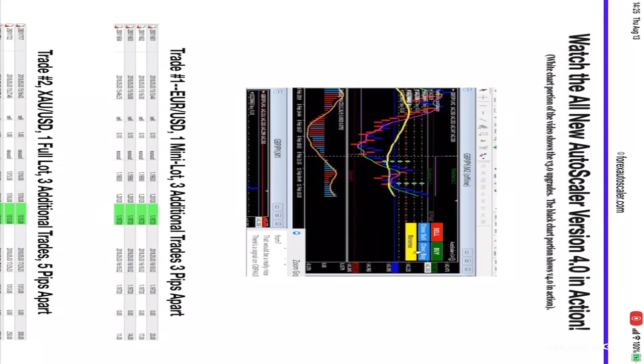This is now essentially a 20 pip trade. But I want to see if we're actually going to get up and touch and possibly even clear the weekly pivot.